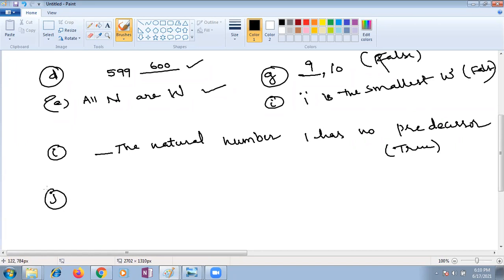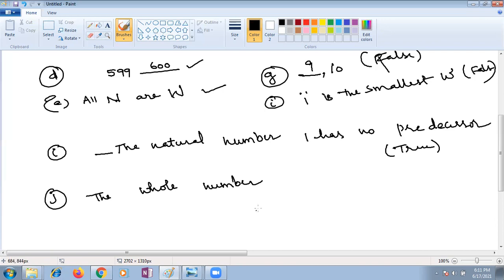Yes, Harsha. The whole number 1 has no predecessor. It's false, ma'am. Very good. Here the question is given as whole number. It is page number 31.